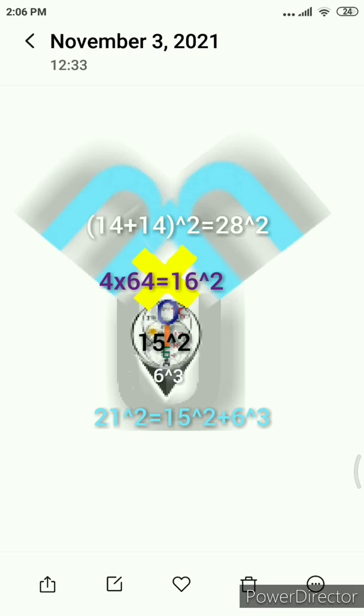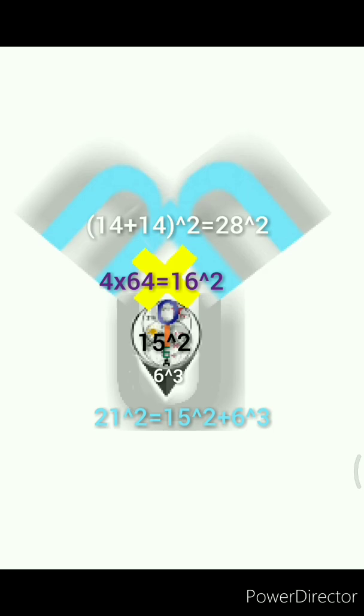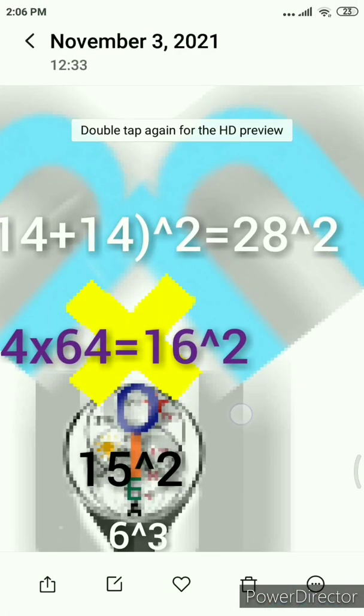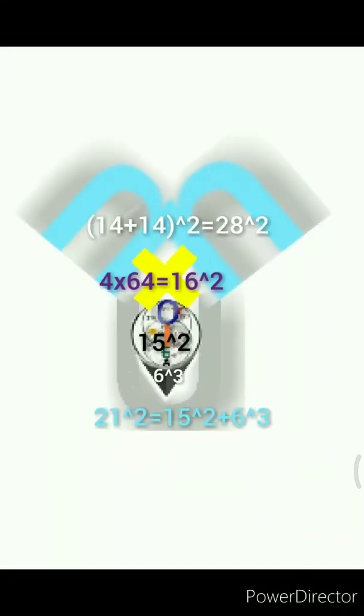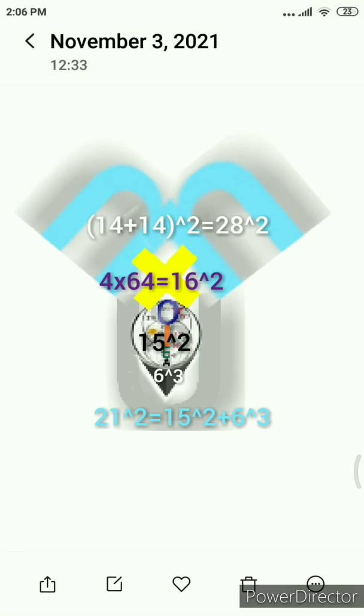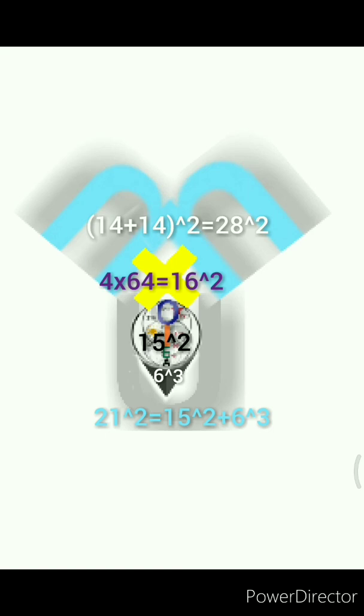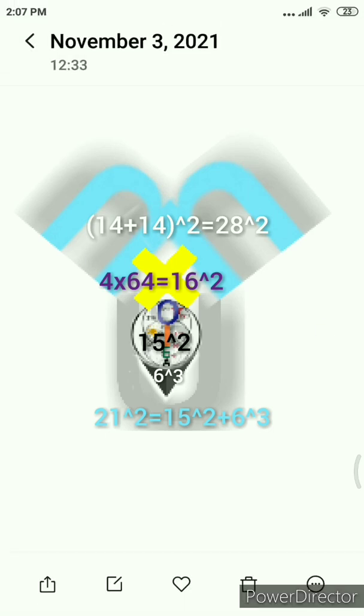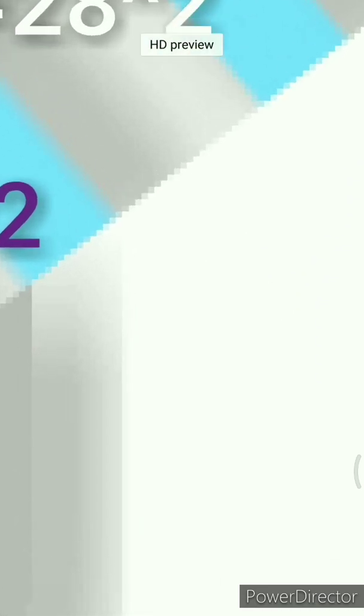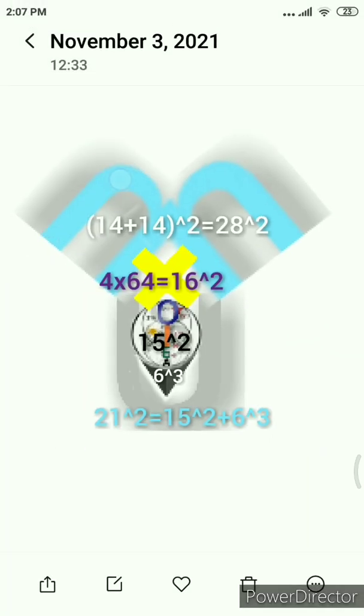See, so A, E, I, O, U, this is U, and then N, this one, and N. So this is how the total representation of our known universe looks. And not just that, basically this symbol includes two ends.